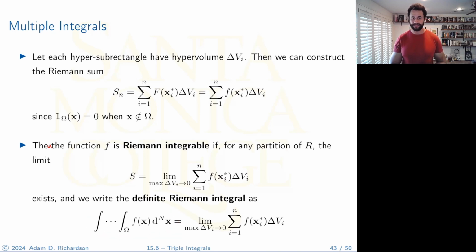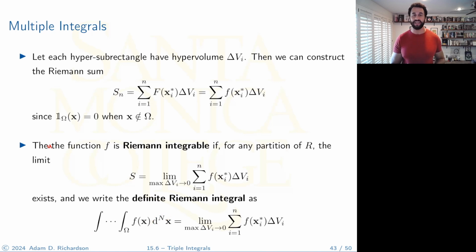All right. So the moral of this story is everything that you saw previously still applies in higher dimensions and with more variables. Really, we're just taking the limit as the hypervolume of these sub-hyperrectangles goes to 0. And if that number is finite, then we can actually define the multiple Riemann integral, right?